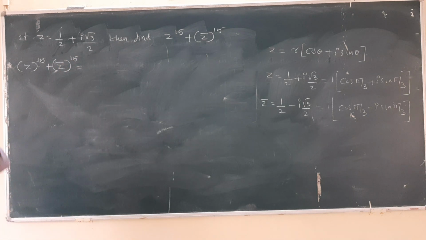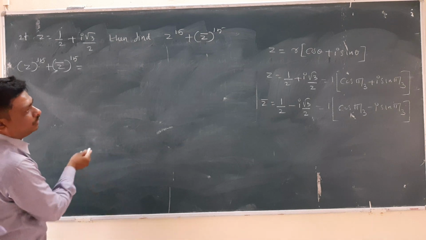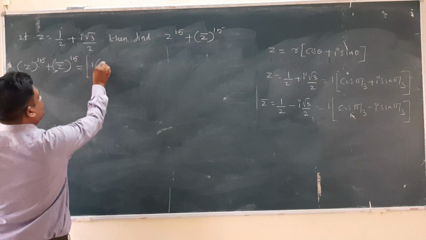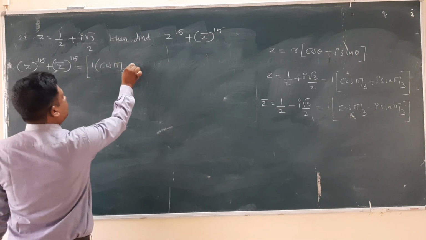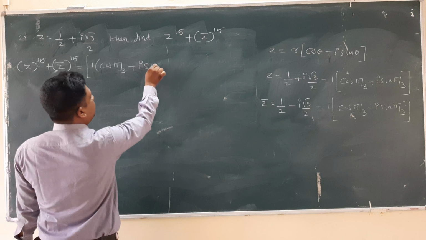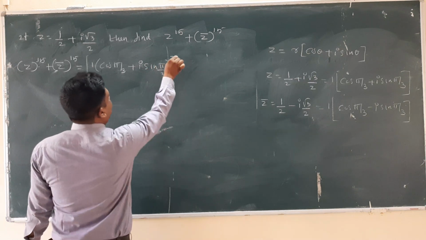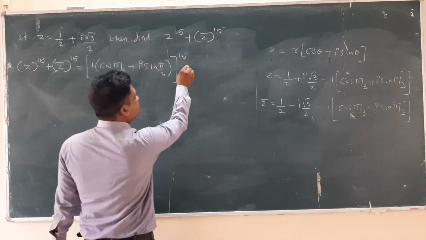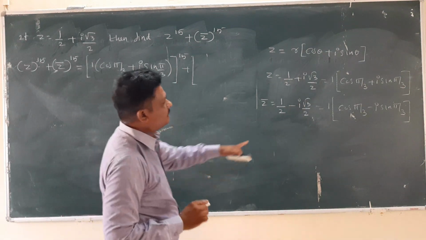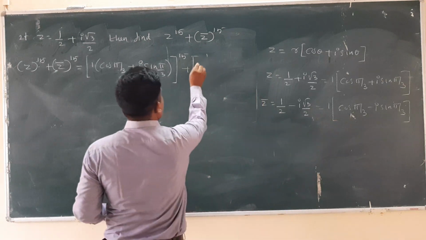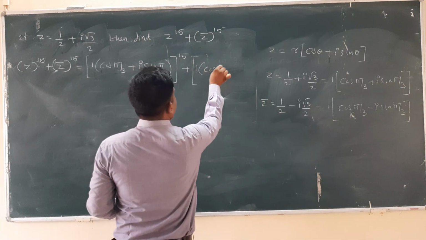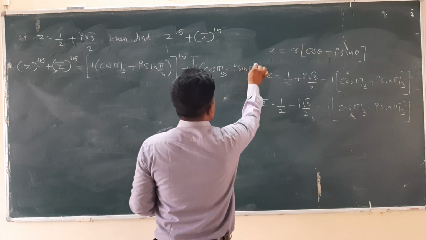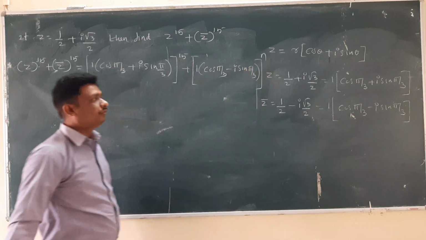So here z is 1 into (cos pi by 3 plus i sin pi by 3) to the power of 15, plus z bar, whose value is 1 into (cos pi by 3 minus i sin pi by 3) to the power of 15.